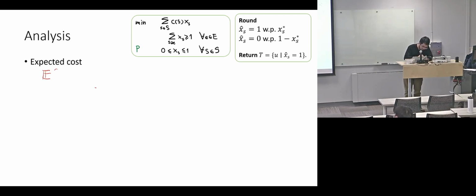The expectation of the cost of the thing that we choose is basically a sum over all sets of the cost of the set and the probability that we choose it.